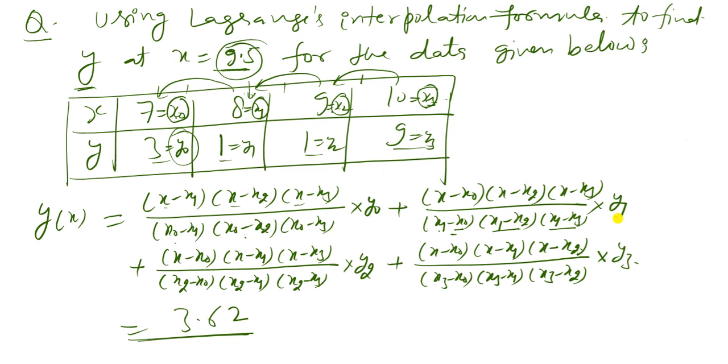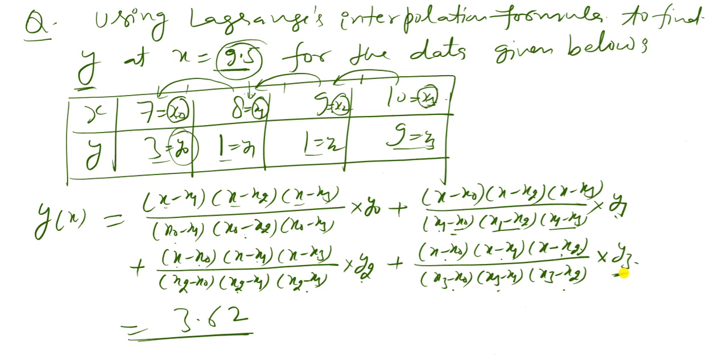In the third term, x minus x naught, x minus x1, x minus x3 upon x2 minus x naught, x2 minus x1, x2 minus x3 into y2, plus in the fourth term, x minus x naught, x minus x1, x minus x2 upon x3 minus x naught, x3 minus x1, x3 minus x2 into y of 3.